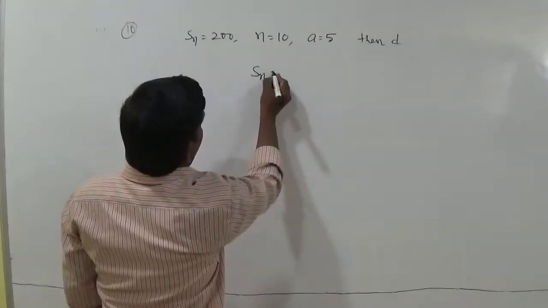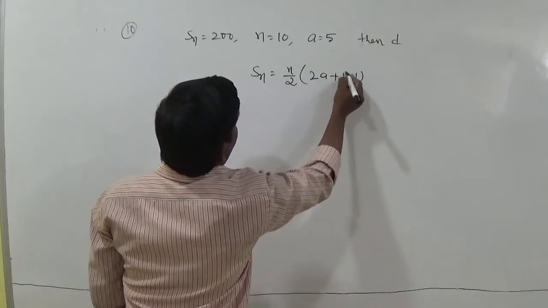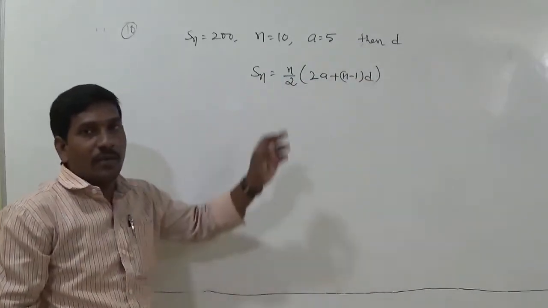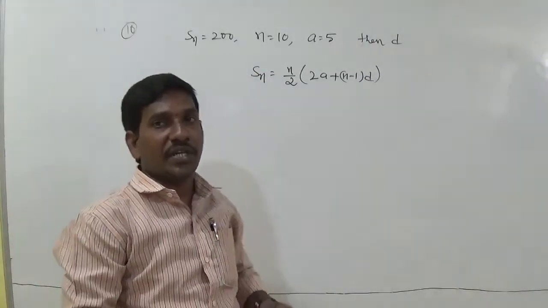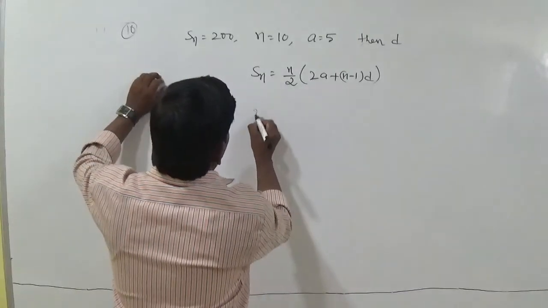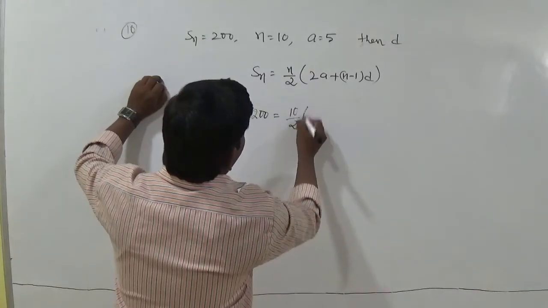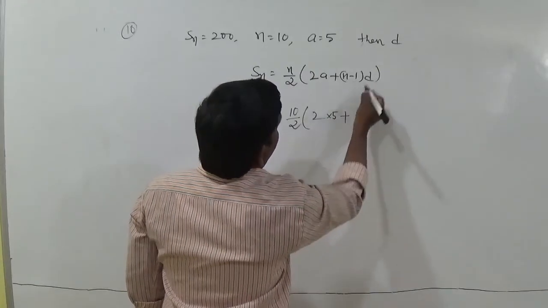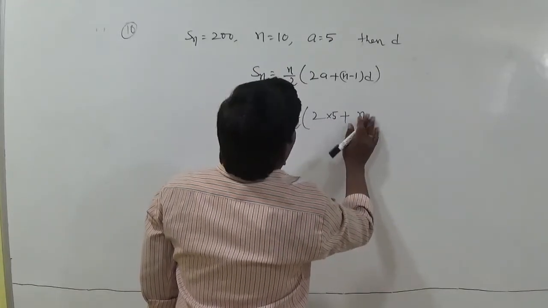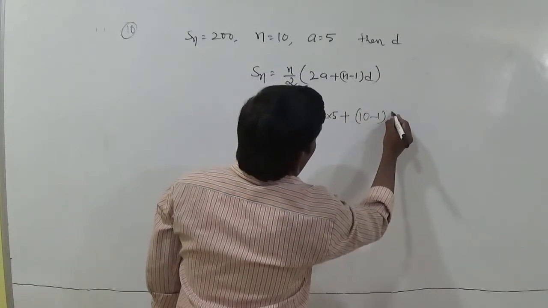So we can use the same formula. Sn equal to n by 2 into 2a plus n minus 1 into d. What is the Sn value? 200. What is the n value? 10 by 2. And what is the a value? 5 plus n minus 1, that means 10 minus 1. What is the d value? We don't know.